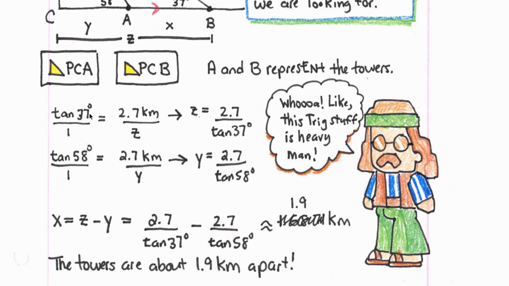So tangent of 37 over 1 is equal to 2.7 over z, and that makes z equal to 2.7 over tan 37 degrees. Tangent of 58 over 1 is 2.7 over y, and that makes y equal to 2.7 over tan 58.